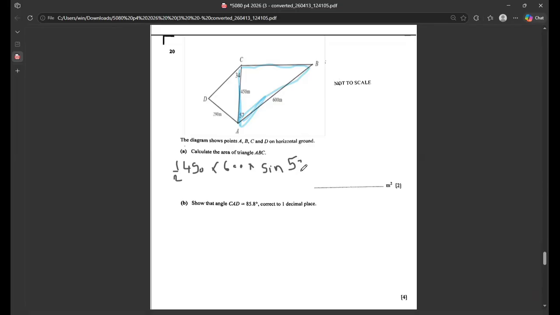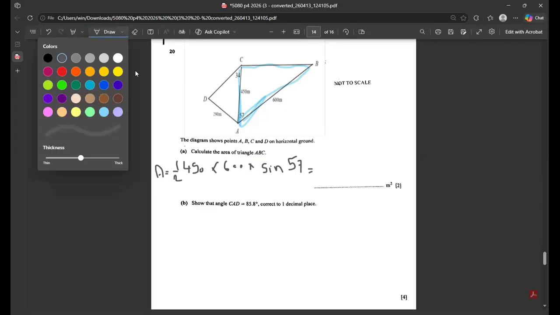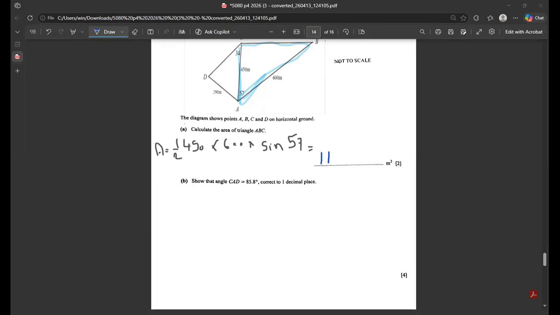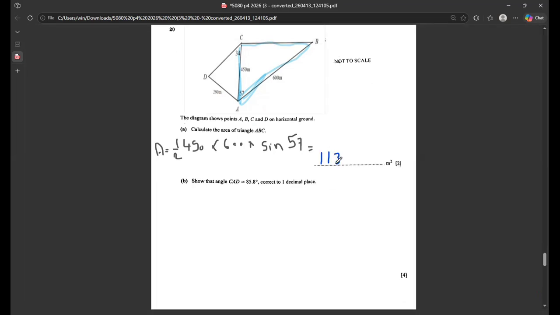On your calc, you get the area here. So we solve it here. 11,320.52 meters.